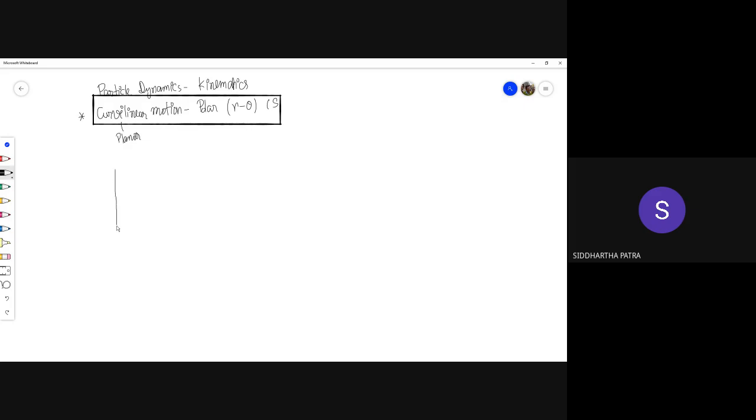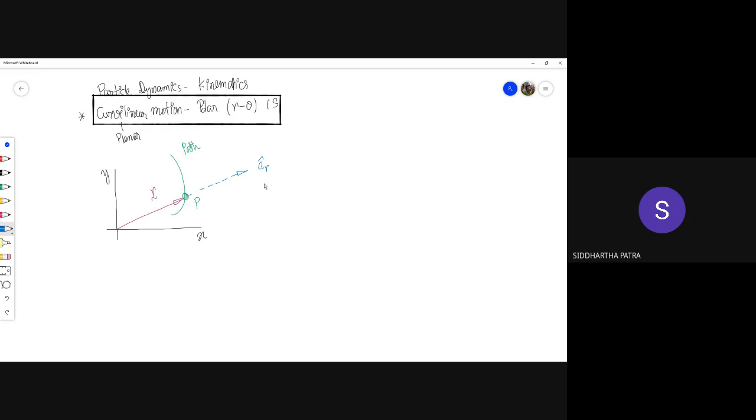So the idea is that, let's say these are the x and y axes, the global x and y axes, and let's say this is the path that the particle takes, which is currently at P, and at P its position vector is given by R. If I were to represent that using the polar coordinate system, this direction is the unit vector for the radial direction.